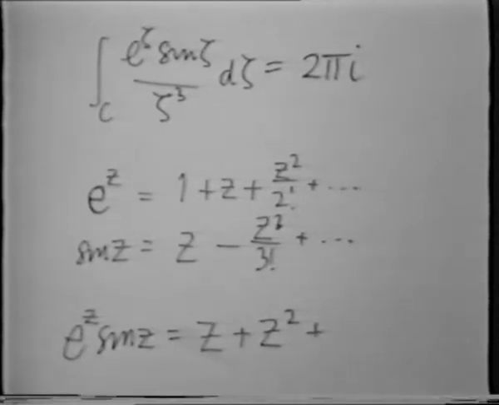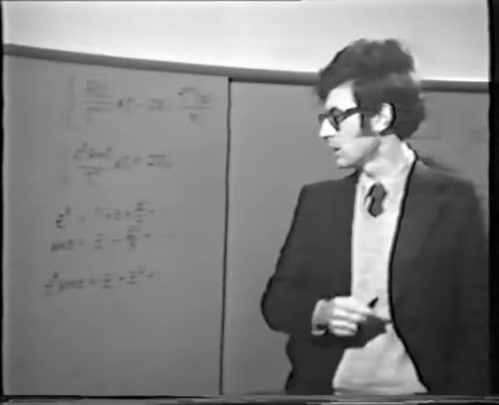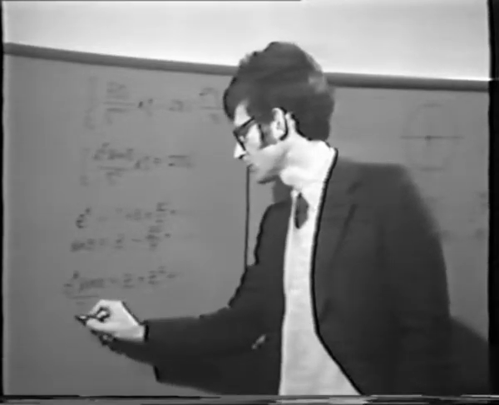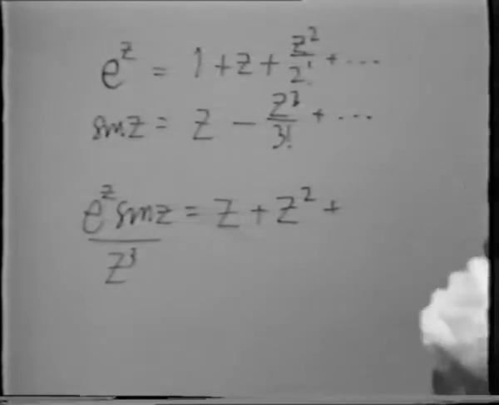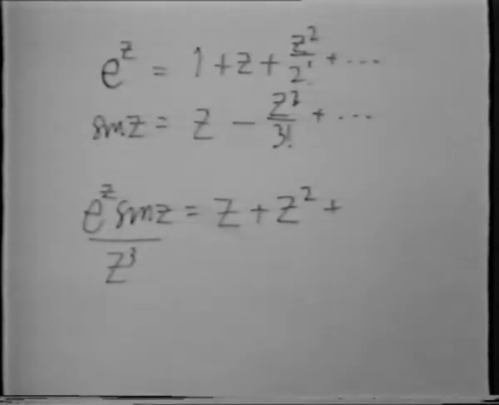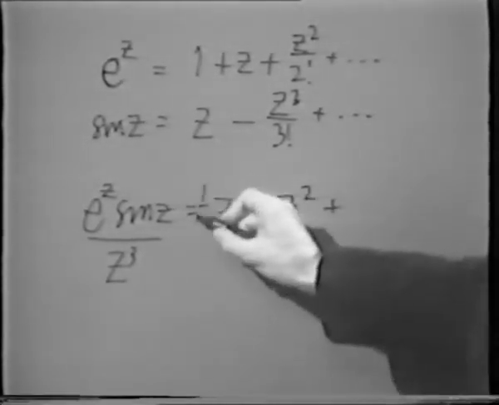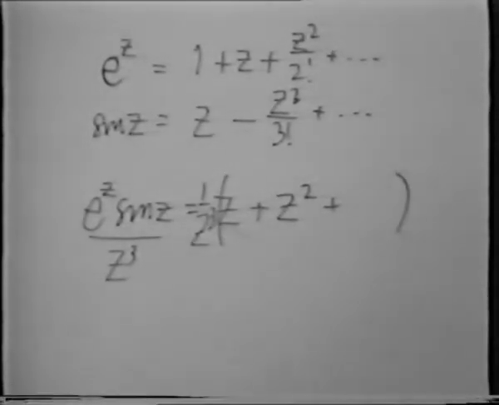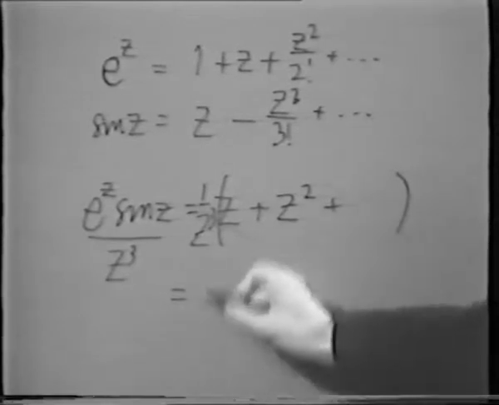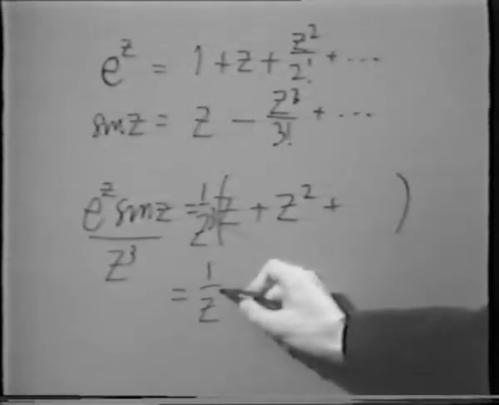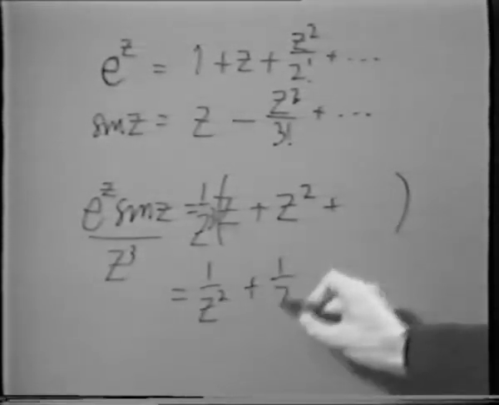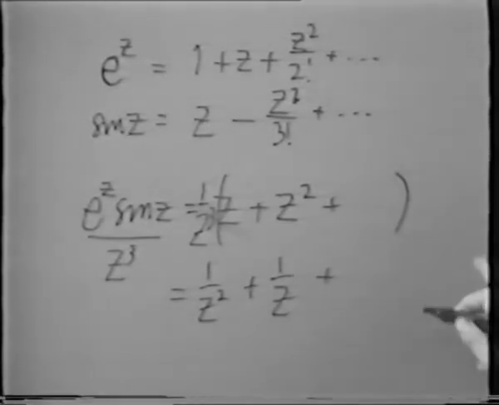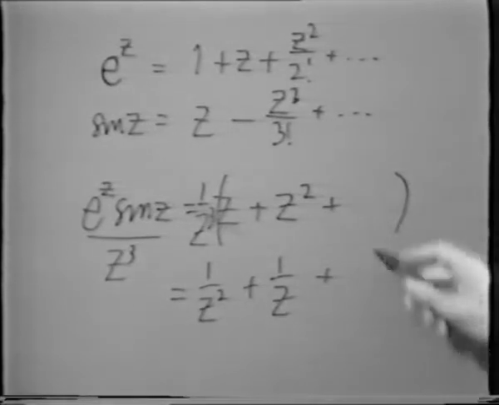How can we do that? Well, let's try and find some sort of series for e to the z sine z over z cubed. What can I do? Well, I could just take a factor 1 over z cubed times that series, and that will give me 1 over z squared plus 1 over z plus a constant term plus something times z plus something times z squared, and so on.